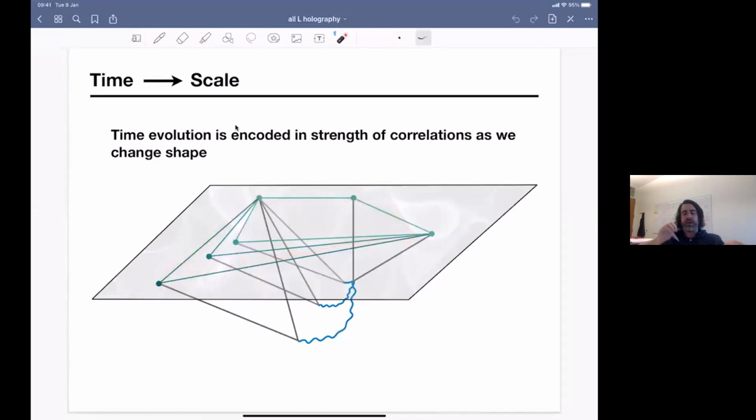And so I'm really probing different time delays between these two interaction vertices in de Sitter space. And so the time dependence of de Sitter gets translated into some dependence of the late time 4-point function on the shape of this quadrilateral. So it gets translated into the dependence on the scale here.